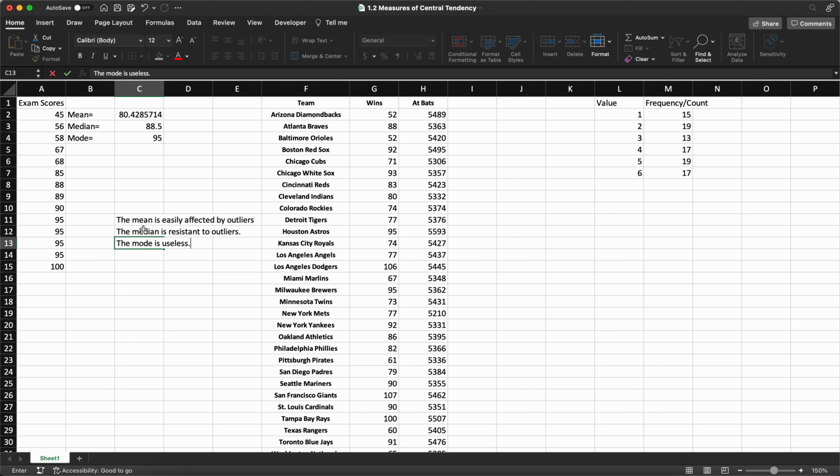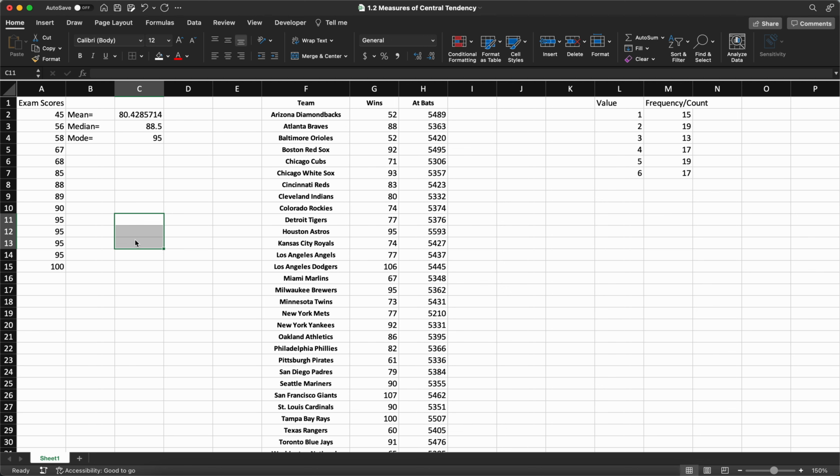Okay? If I ask you what is the best measure of center for this data set, and you say mode, you're probably wrong. And whatever statistical reason you want to give to back that up, I still think you're wrong.